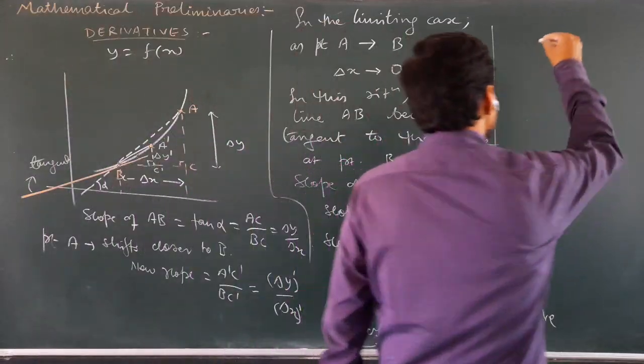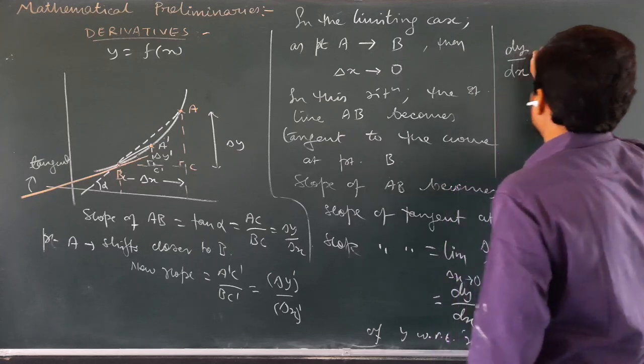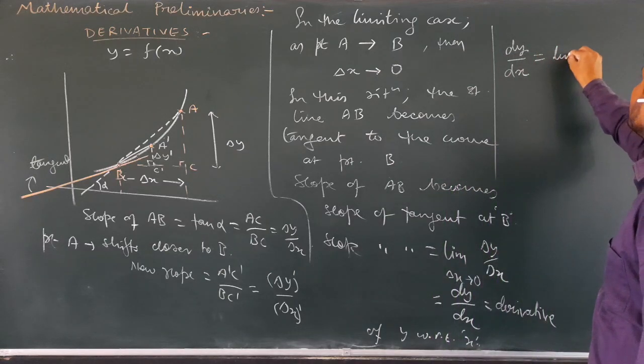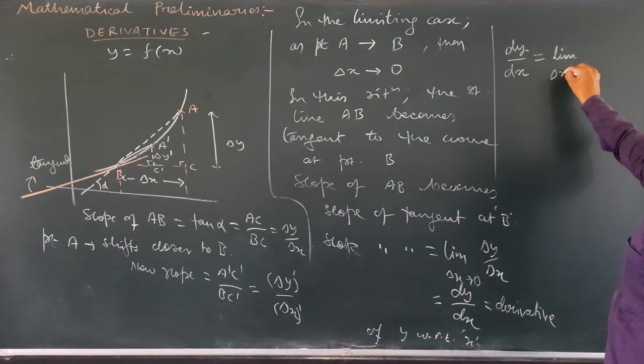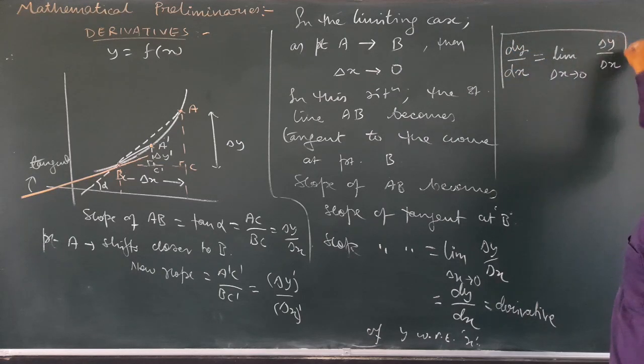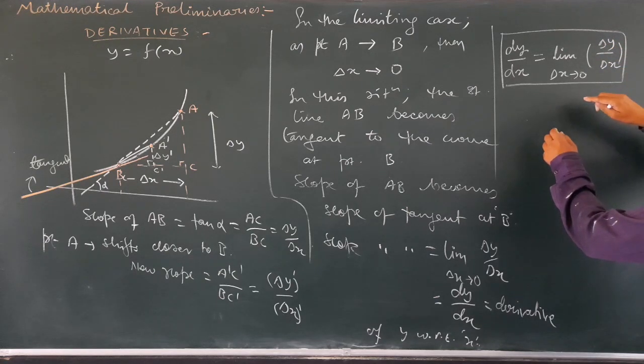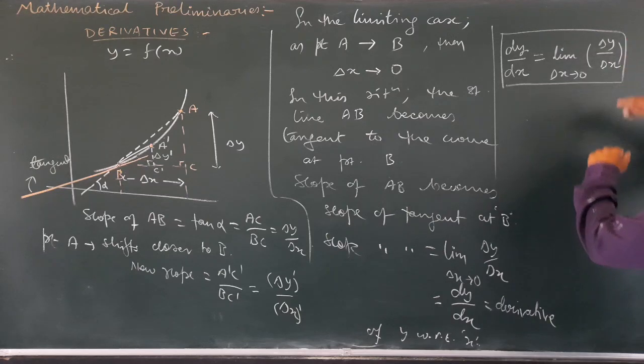So what we discussed is this summary. Dy by dx is the limiting value of delta y by delta x as delta x tends to 0. Delta y by delta x, conceptually you should understand, is the slope of a straight line, endpoints of which lie on the graph.